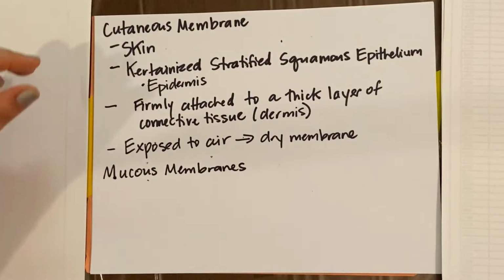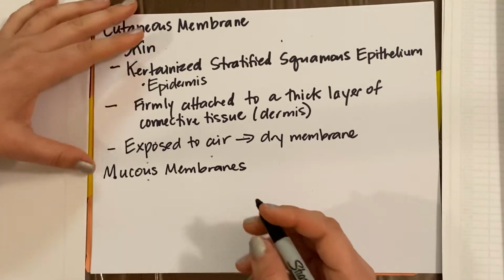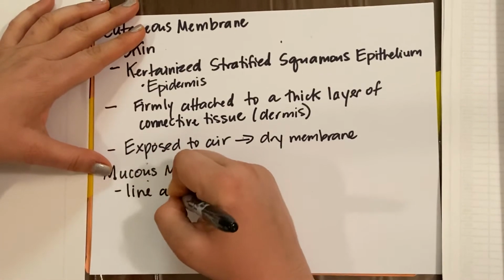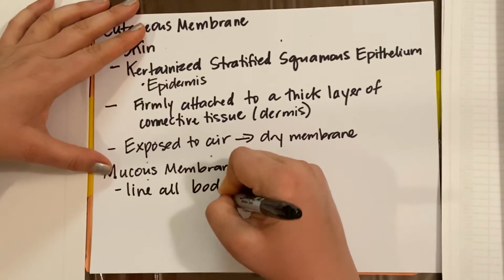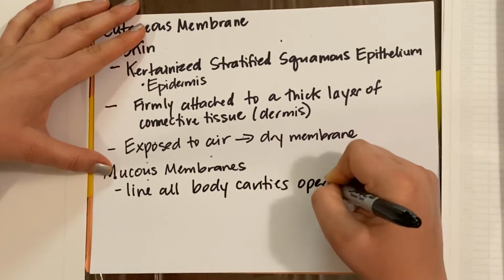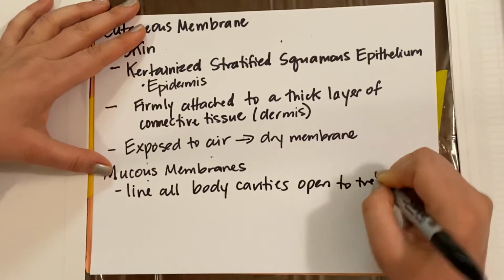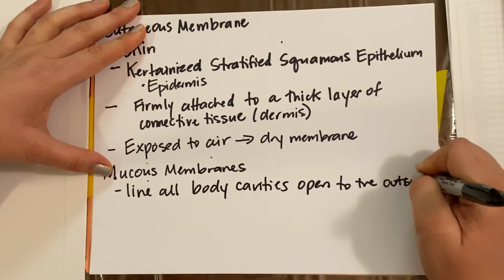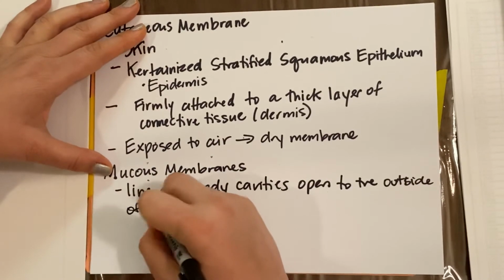Okay, so now the mucous membranes. These are going to be membranes that line all body cavities open to the outside of the body.